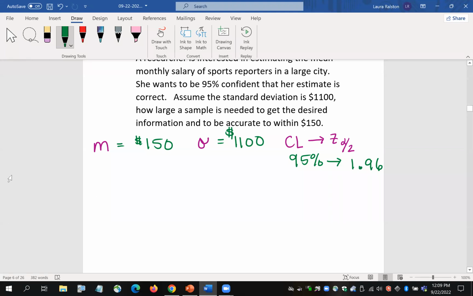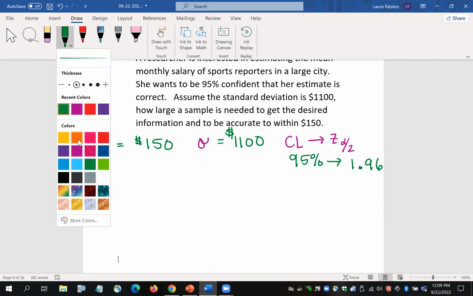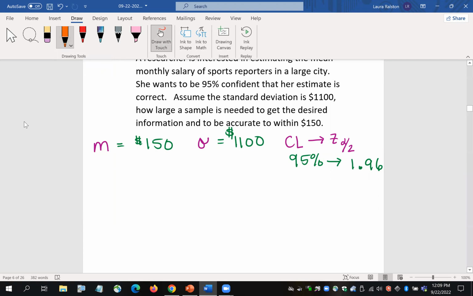Again, don't overthink this, guys. You just have to recognize that you're calculating the sample size, and the formula for sample size is the critical value times the standard deviation, all divided by the margin of error, and that entire quantity is squared.